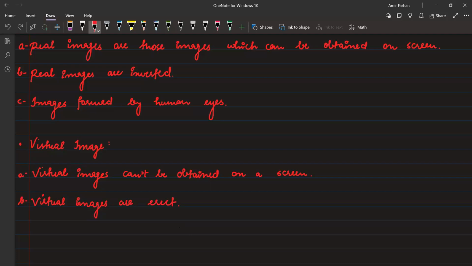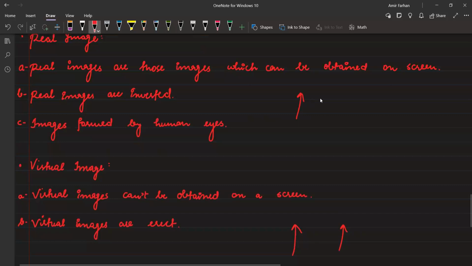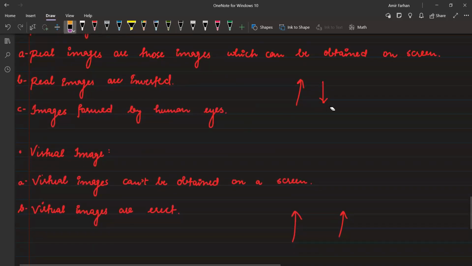Erect means that if the object is placed like this, the image will also be formed like this. But in real images, if the object is placed like this, the image formed will be inverted. That's the difference between virtual and real images.